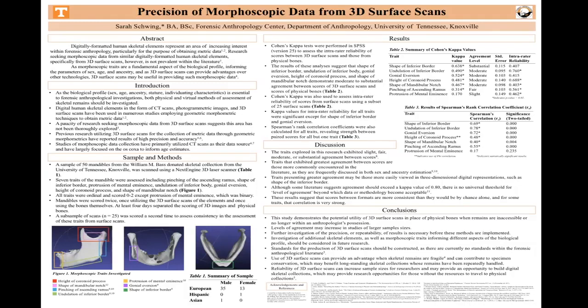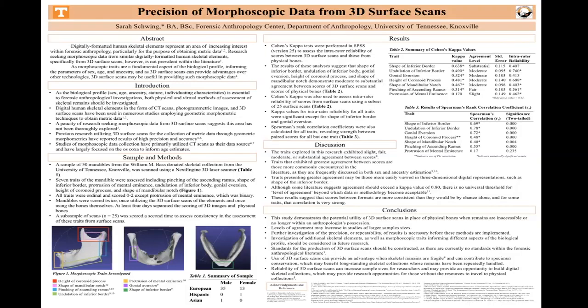What I did here for this research was I wanted to look at the precision of morphoscopic data from 3D surface scans. I took a look at a sample of 50 mandibles from the William M. Bass donated skeletal collection housed here at the University of Tennessee.